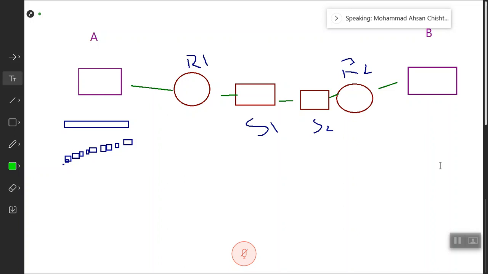Now, when packet 1 leaves from A to R1 using this link, when it gets the chance to use this link, it uses the full transmission rate that is available. It uses the full transmission rate.